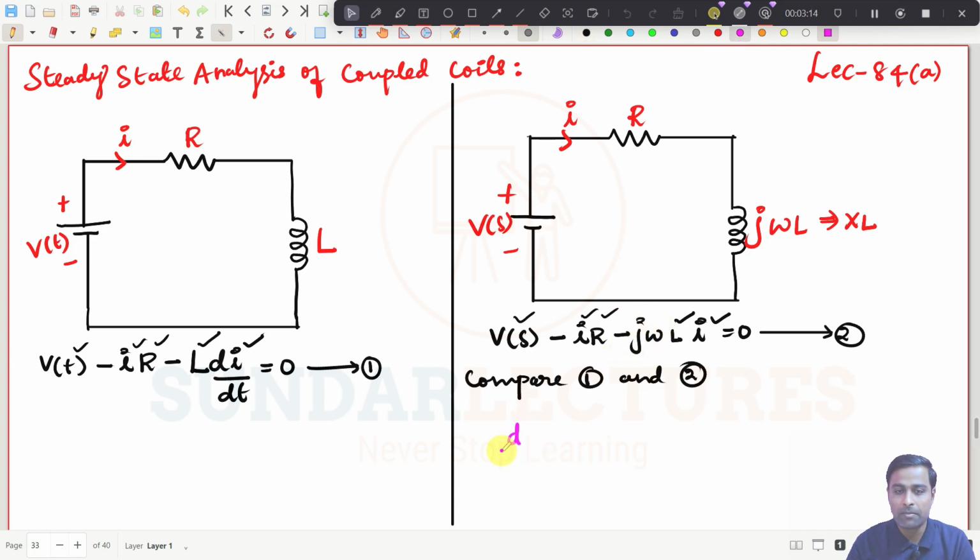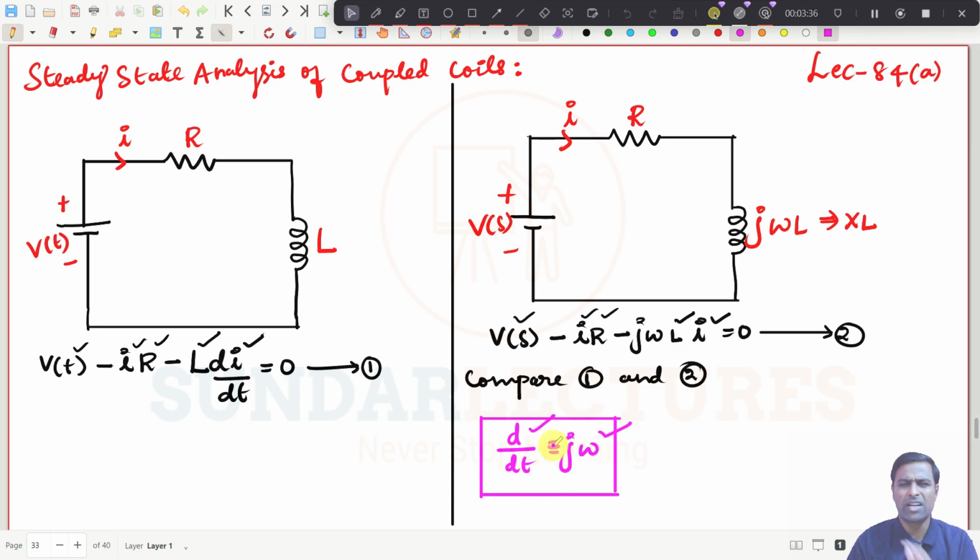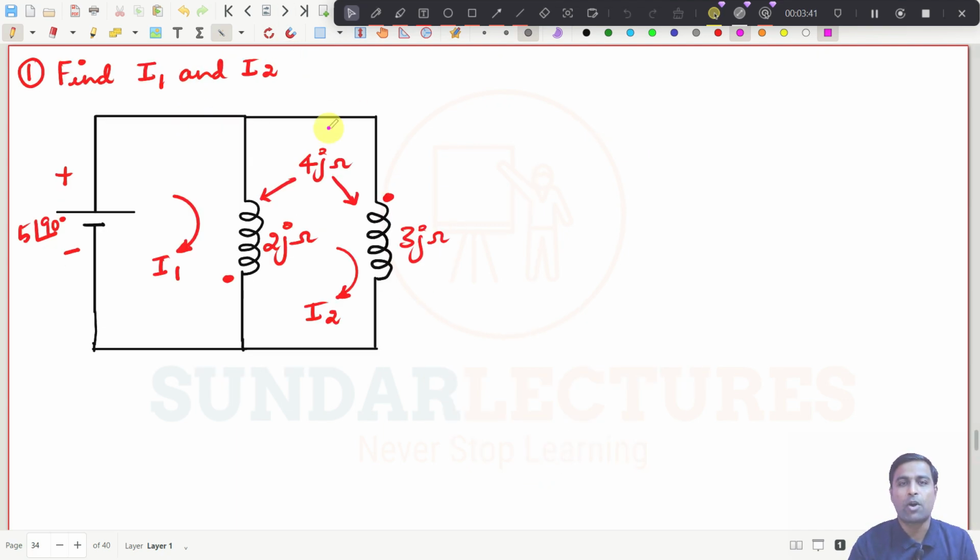So the operator d by dt can be equated to j omega. Try to understand this, it is very important. This is in the time domain and this is in the frequency domain. So d by dt is equivalent to j omega. This is a very basic thing, and we will take a problem now.